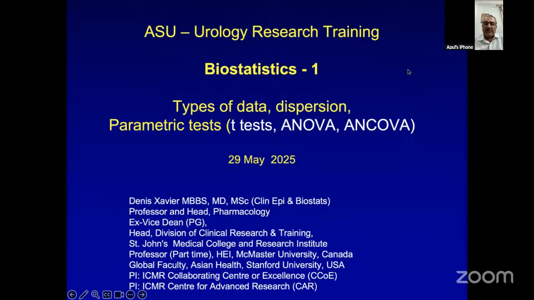So, we went into the basics. Dr. Xavier explained extremely basic things about these research study designs, when to choose which type of a study, which type of a study will give what type of results, and all those things we have discussed. So today we will be changing gears. Now we move on to a little higher level, I think.